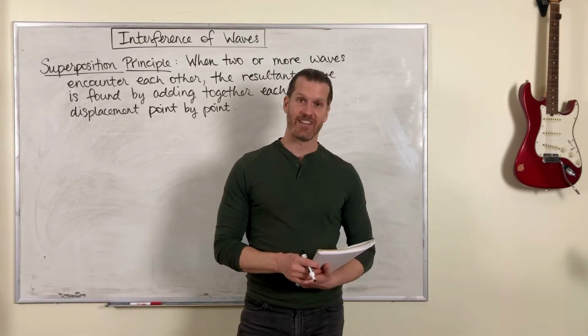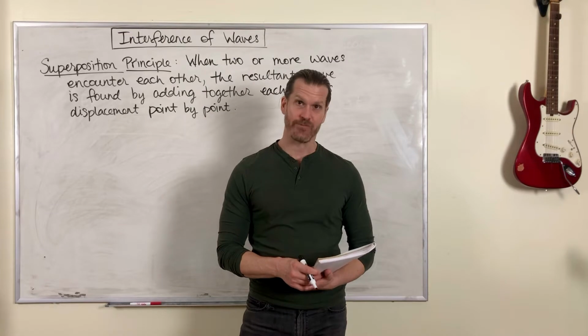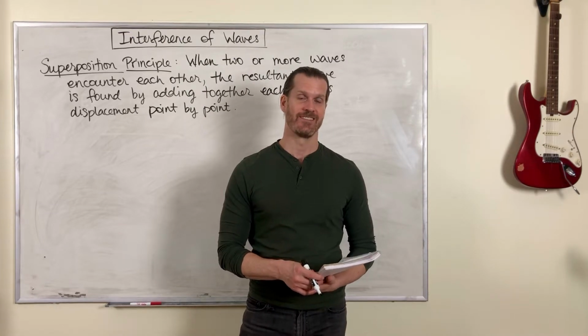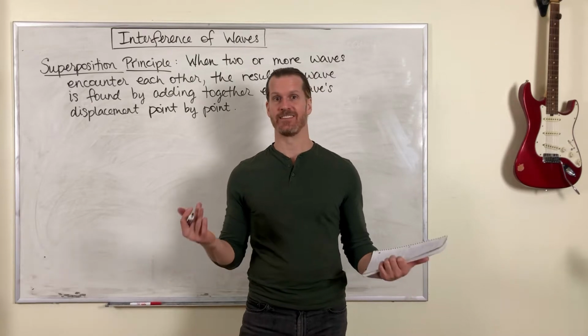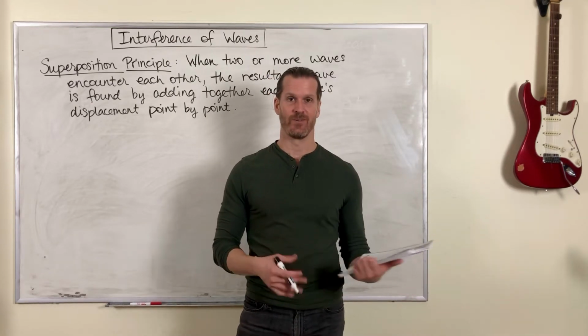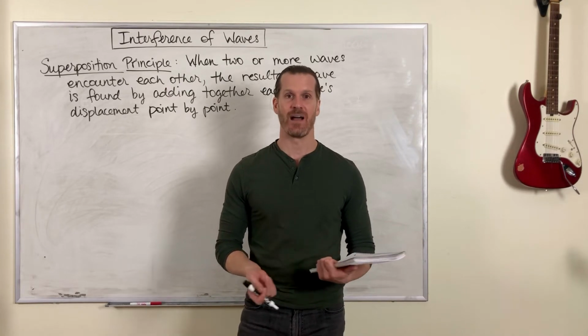One of the most fascinating properties of waves is how they interfere with one another. So when waves meet, they can add up or subtract from one another. They combine.